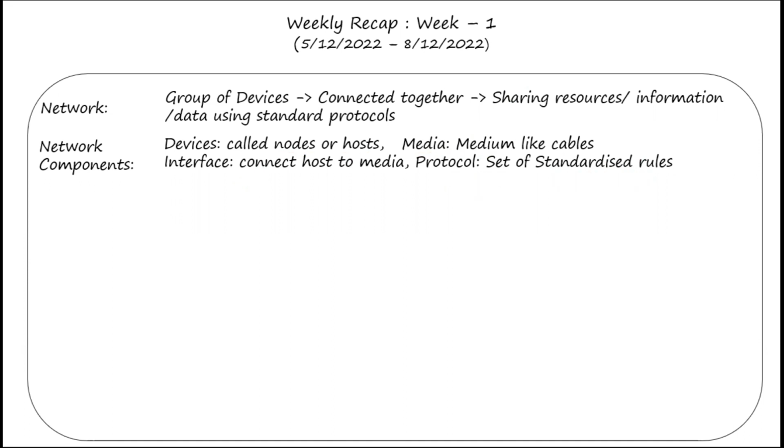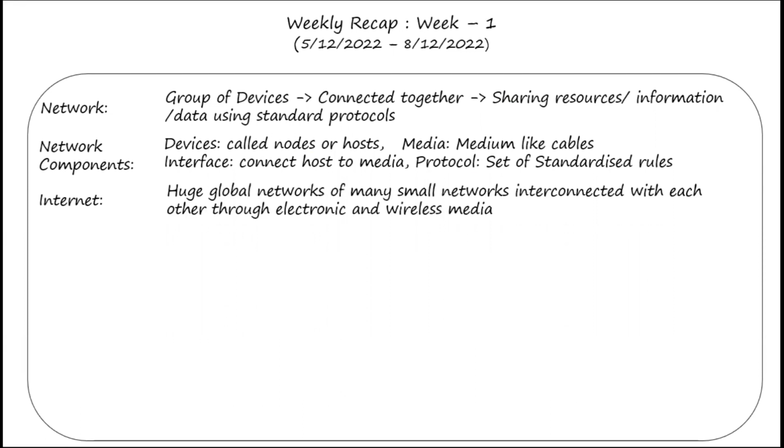Moving on, the third major topic was internet. What is internet? It is a global network of many small networks. Suppose your home network, your office network, when all of these networks are connected together globally through various connecting media, it could be wireless, electronic, optics, that is called internet.